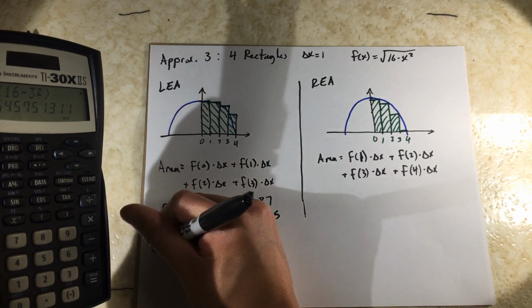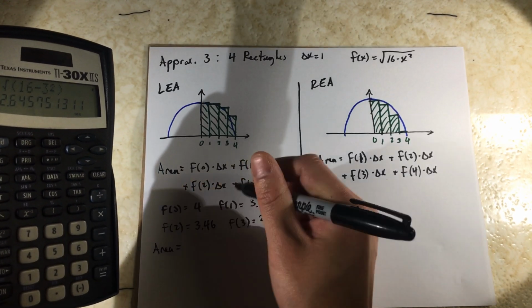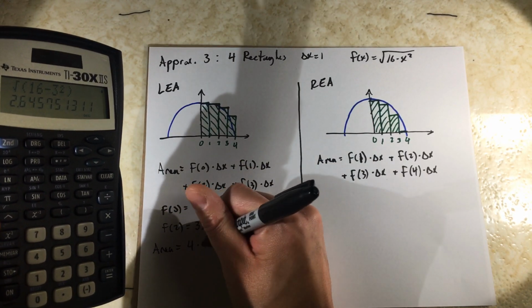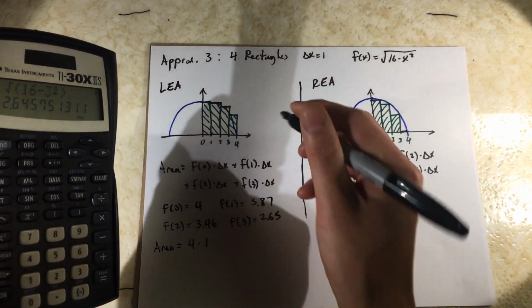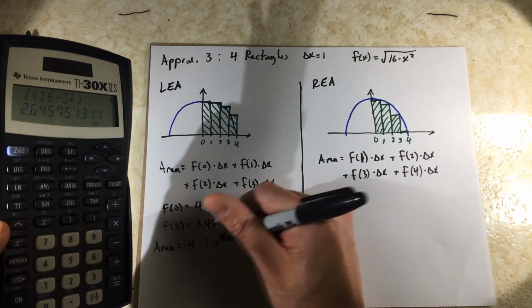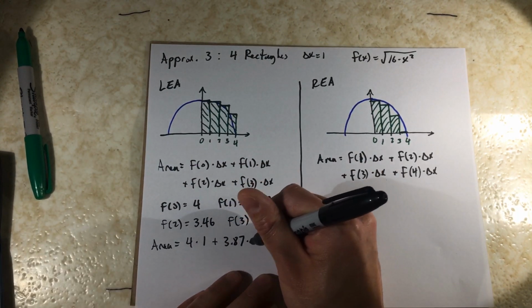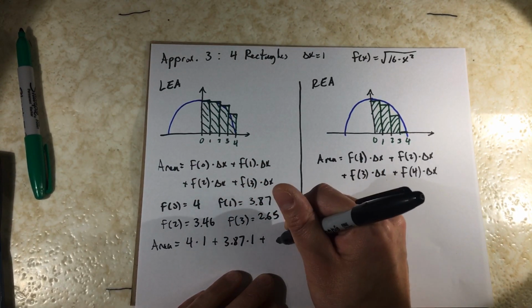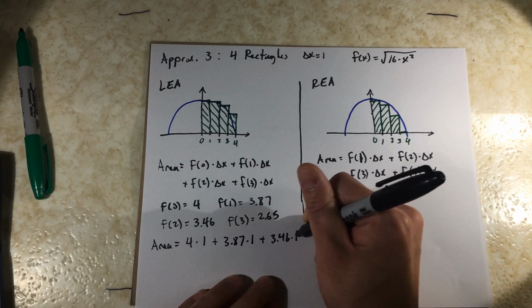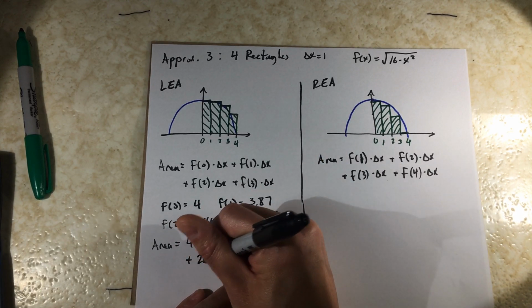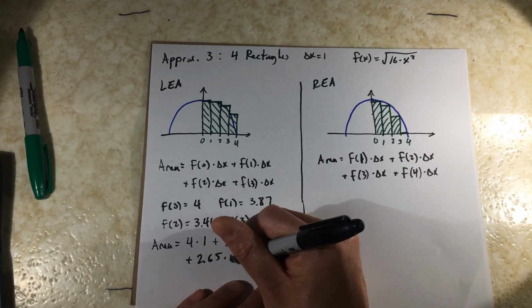All right, so the area is going to be f of 0, which is 4, times delta x, in this case just 1, plus 3.87 times 1 plus 3.46 times 1 plus 2.65 times 1.